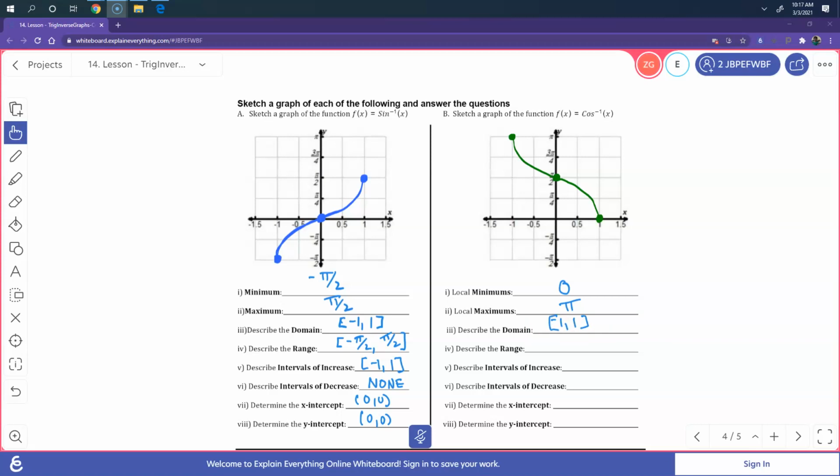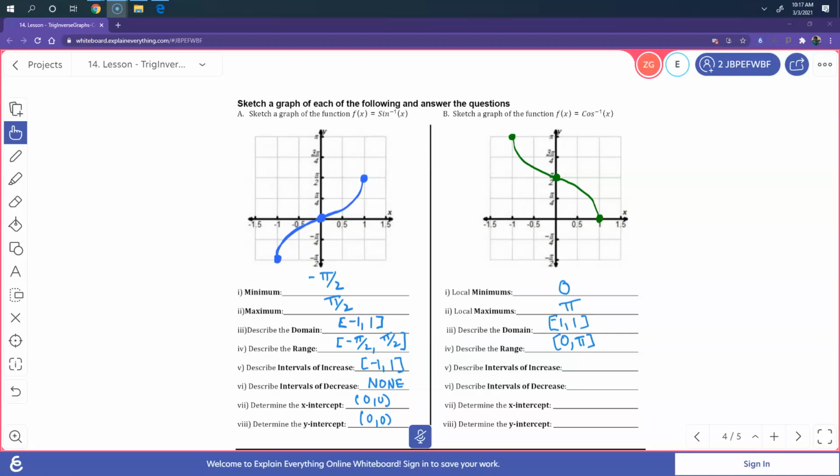The range is from 0 to pi. And that's going to play really great importance because when we use the inverse cosine, it's going to have to fall between 0 and 180.